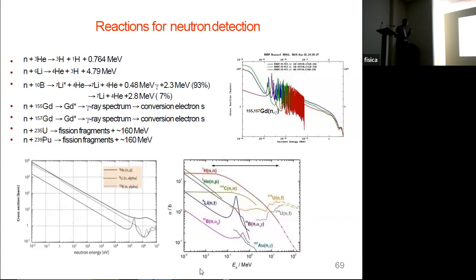Here is the cross section versus neutron energy, just a reminder of how the probability of interaction depends on the energy of the neutron. Thermal neutrons are located somewhere here. This is for cross sections, for example, for fission or for helium.